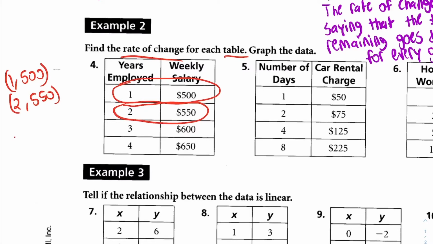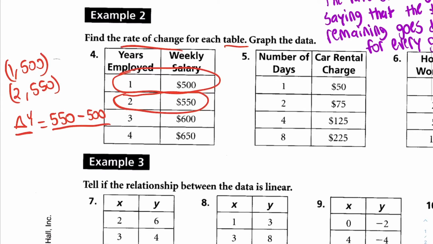To find the change in the y's, you would take the second y, which is 550, and subtract the first y from it, which is 500. To save some space, we're just going to make one big fraction of dividing by the change in the x. How much did the x change to get from 1 to 2?